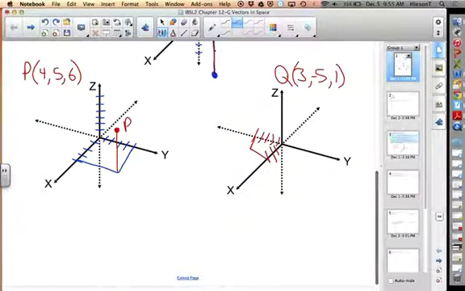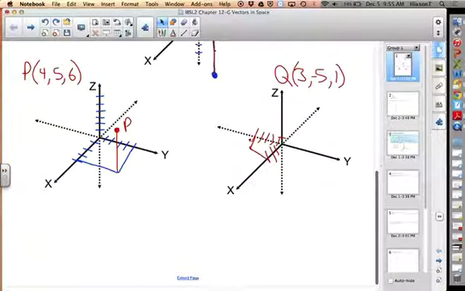Yeah. That's not the point, but that's just, and then it'll be one up on the z-axis. Mm-hmm. So kind of like here. Yeah.